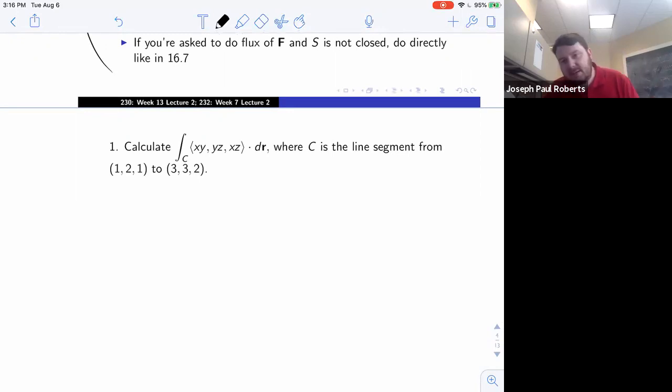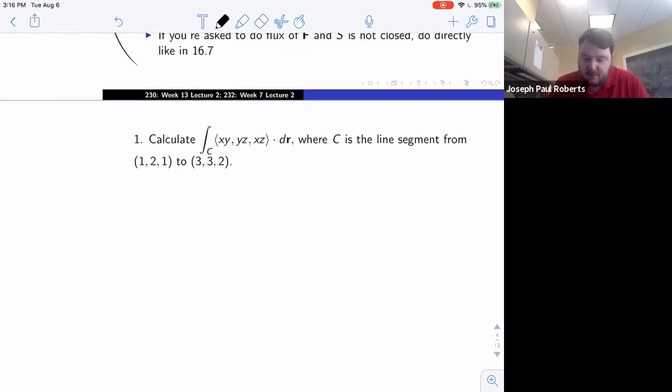You might think that's pretty easy, but believe me, I've seen a lot of people get confused and not keep the various main types of questions straight. So let's just do that. As you're studying, make 100% sure you could distinguish what is being asked. So this is a work integral.